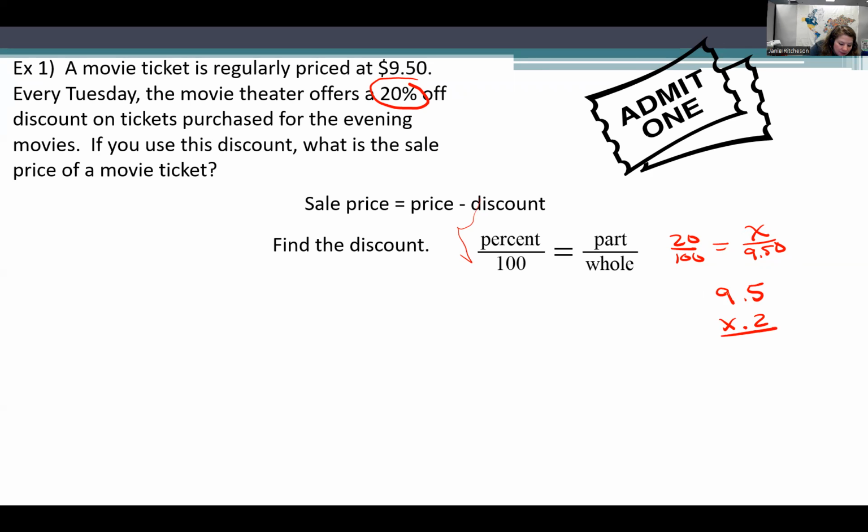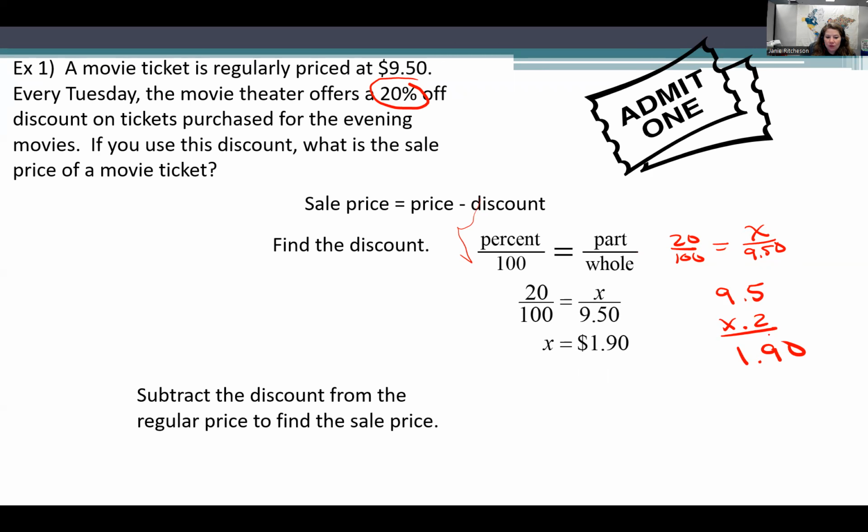So 9.5 times 0.2, they're going to take away $1.90 from the price. Okay, and that's what we got here as well. So once we subtract $1.90 from $9.50, we find out the sale price is $7.60.